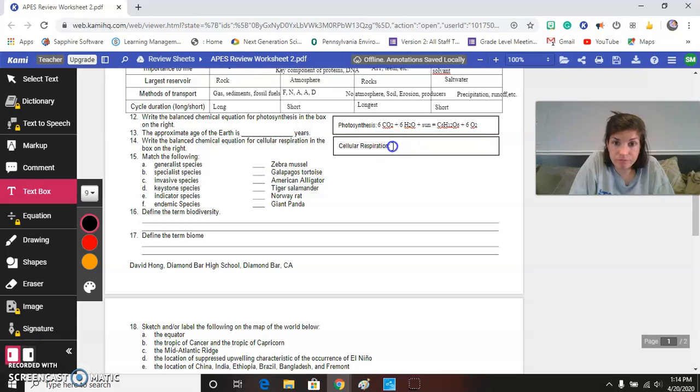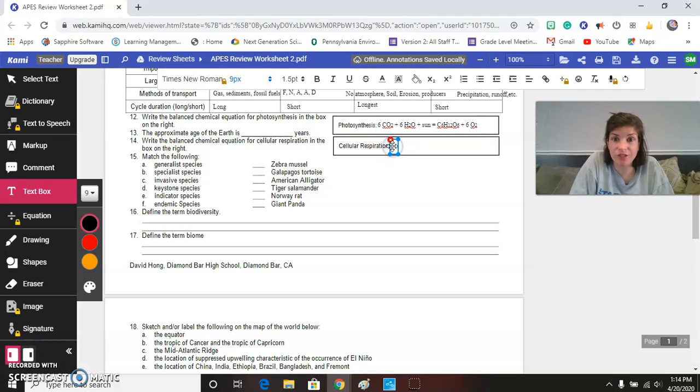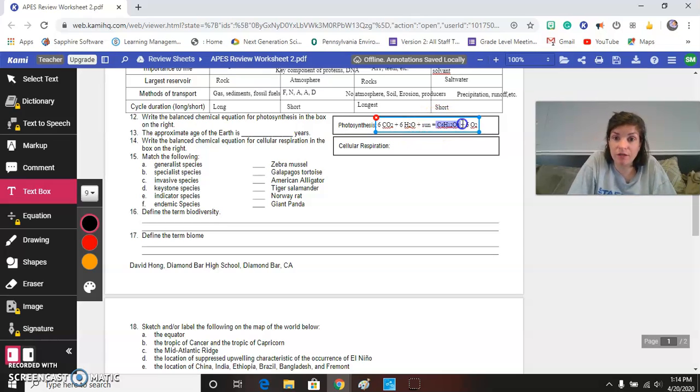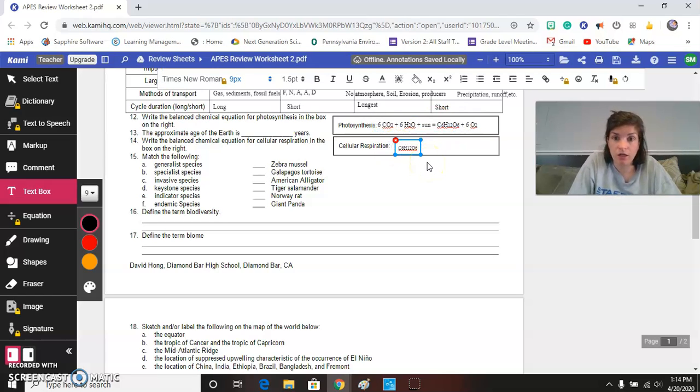All right. Cellular respiration. All right, so you're going to have glucose. I'm going to snatch that from up here. Control C. Plus 6 oxygens. And that's going to give us 6 CO2.